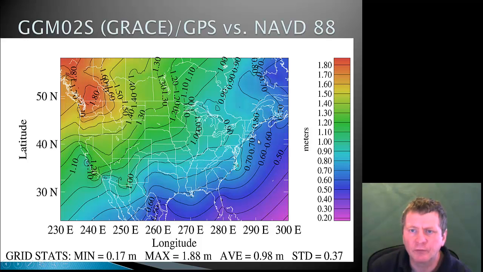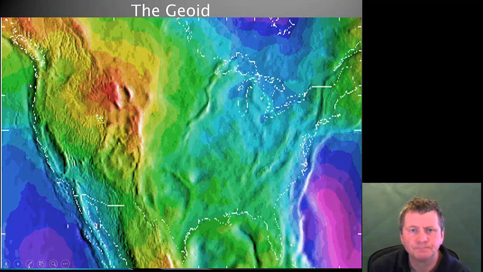The North American Vertical Datum of 88 was too high here, and too low there. So it gives you an idea. These are in meters, so we are very interested in having a very accurate representation to spend the kind of money we did to launch satellites to get from GRACE to the North American Vertical Datum.